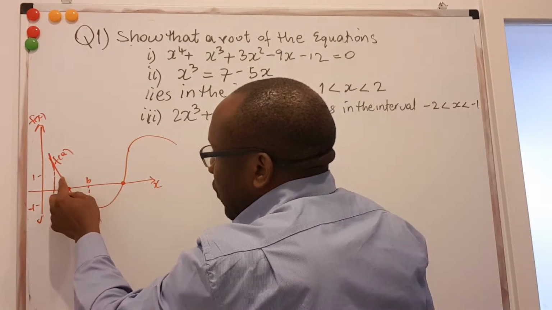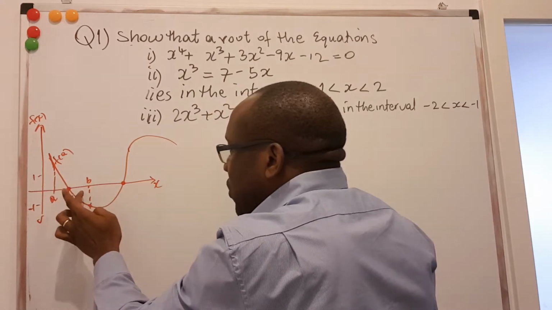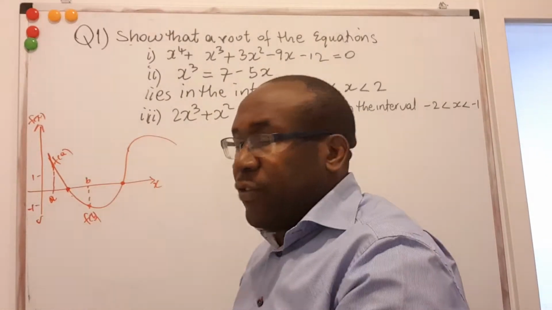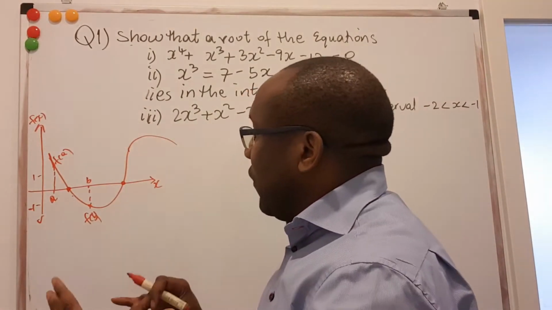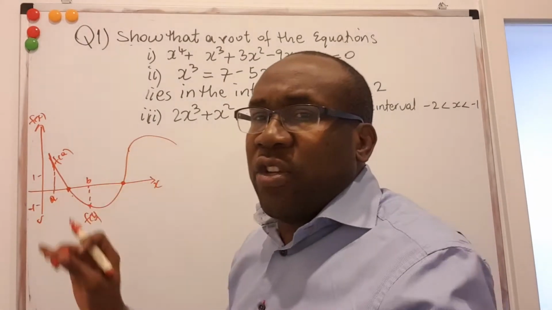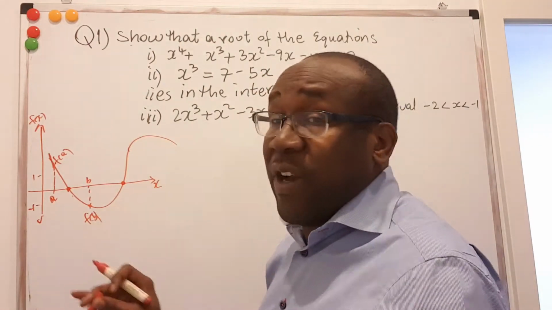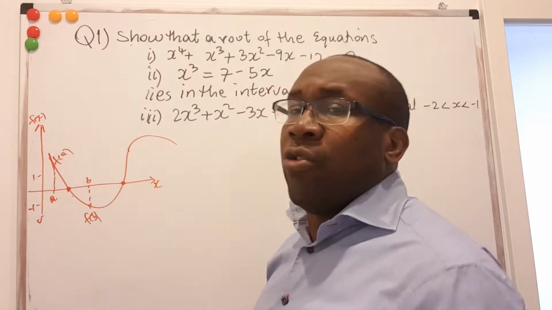See? If I took another one here, it goes close, but it's still on that side, so it's still positive. Once it changes to negative, I know I've jumped a root already. So one of the ways to test that a root lies in an interval is to test the endpoints of the interval. If you check your function on the boundaries and there's a difference in sign, it means it contains a root.